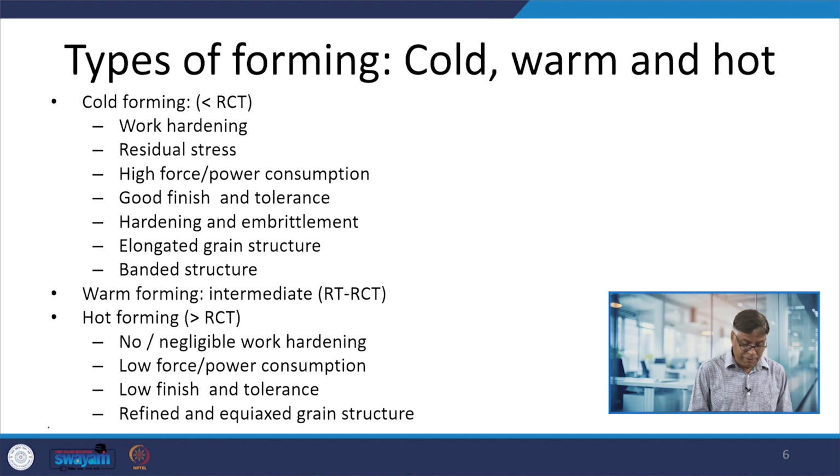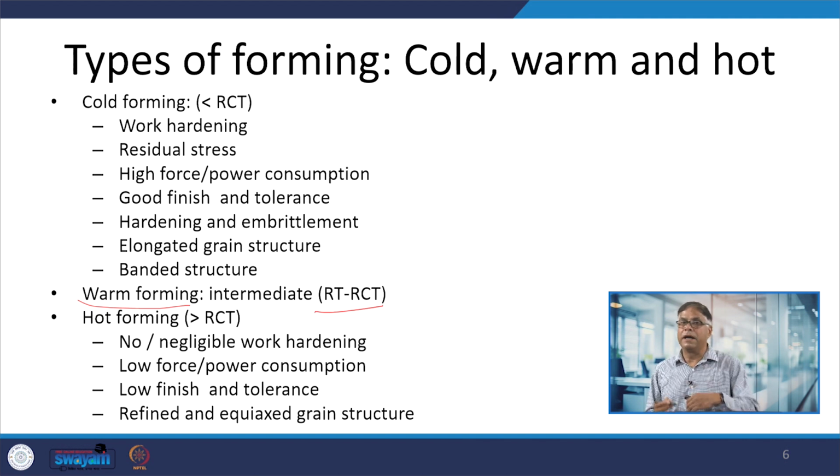Warm forming is when the forming is undertaken above room temperature but below the recrystallization temperature, just for softening purposes, not heating above the recrystallization temperature. So warm forming gives results in between those of cold forming and hot forming.